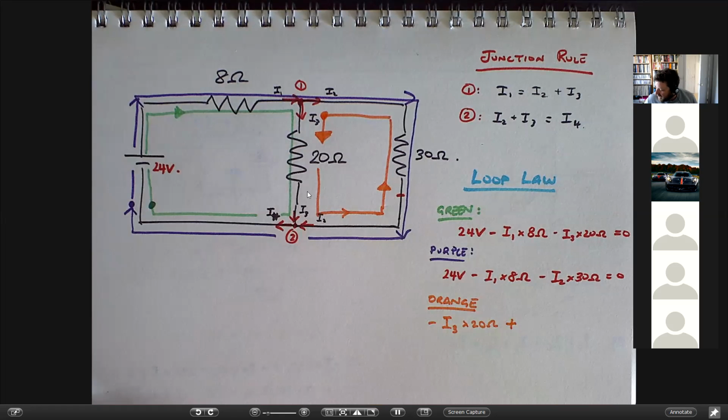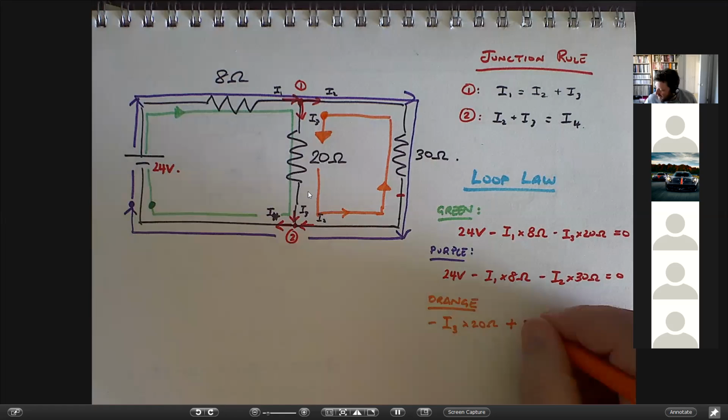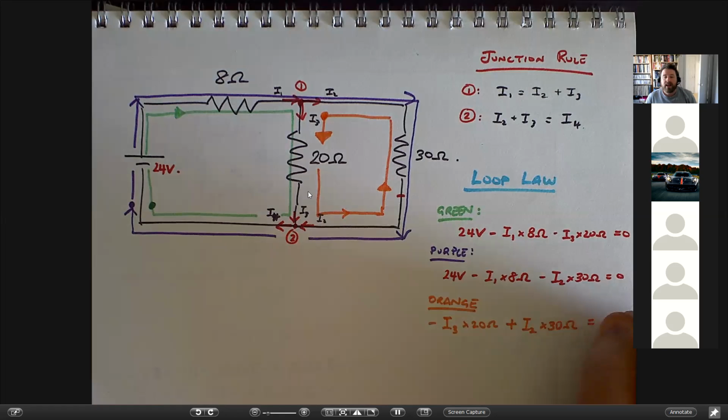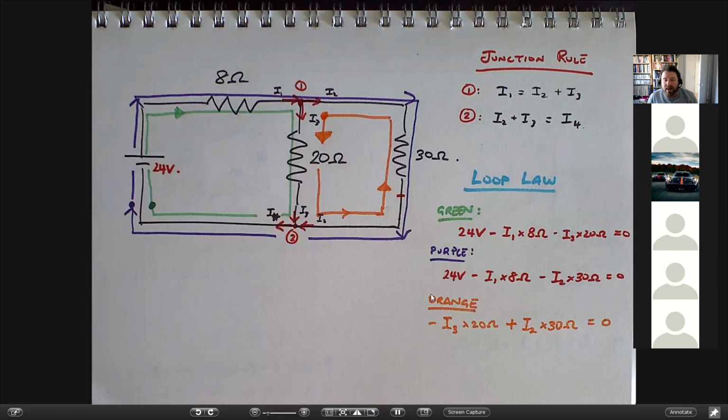So this one here is going to be I2 times 30 ohms equals 0. But we get a positive on this one because we're going backwards against the current on this resistor, whereas on this one here, we were going with the current, traditional style, losing energy across it.